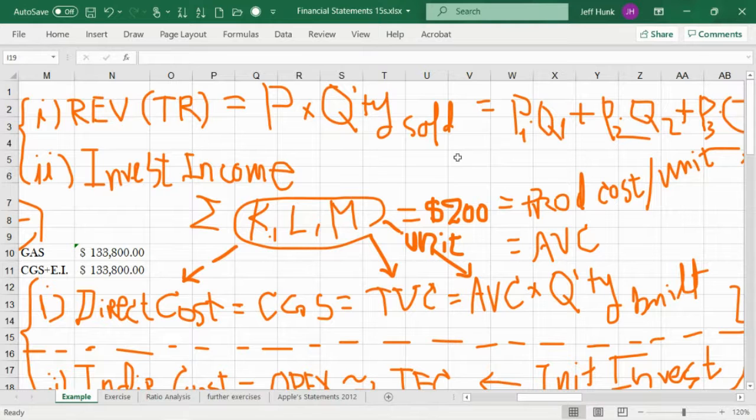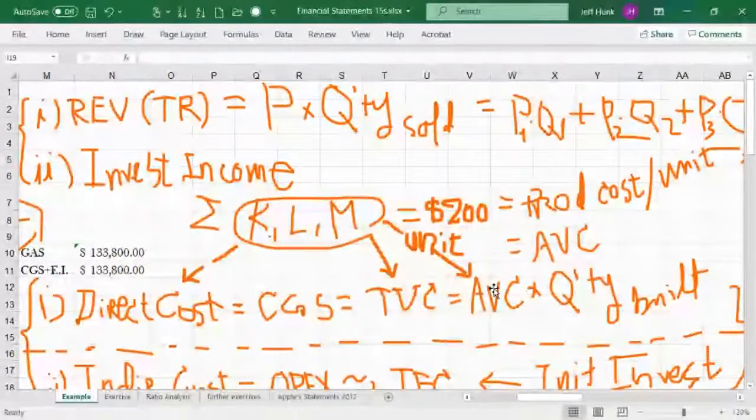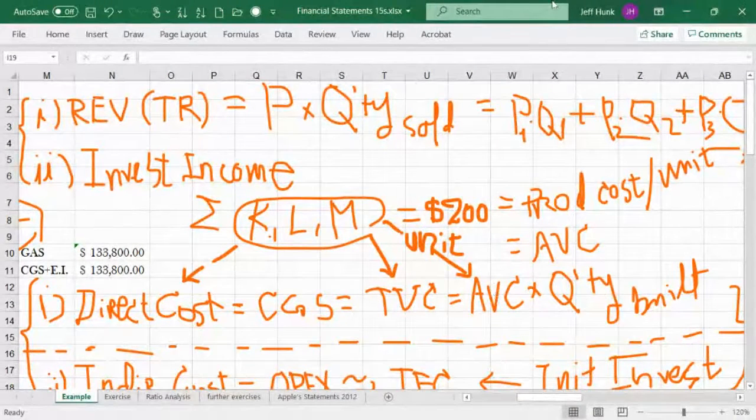And so we defined revenue as price times quantity sold, right? That's obvious. If they sell this computer for $300, and their production cost is $200 per unit, then if they sell 1 unit, their revenue is 300.